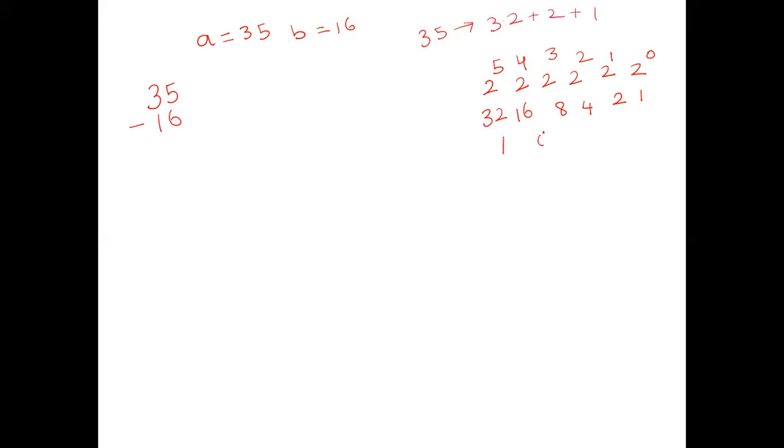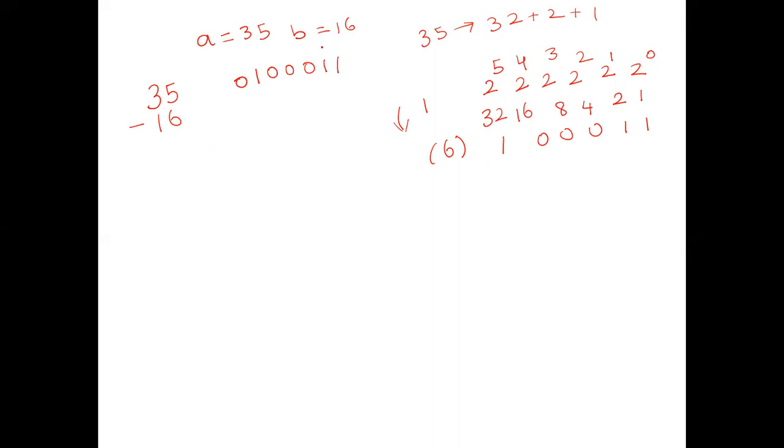So 1, 0, 0, 0, 1, 1. How many bits? 6 bits are needed, but I have to include 1 bit because this is a signed number. It is a positive number, so 0, 1, 0, 0, 0, 1, 1. Fine, that is 35.